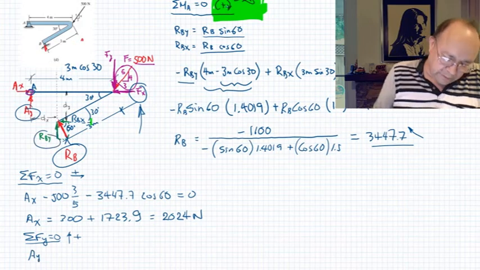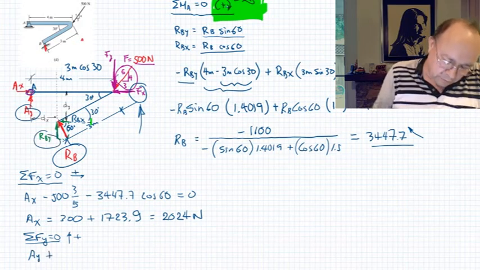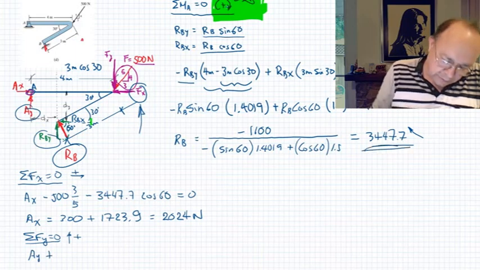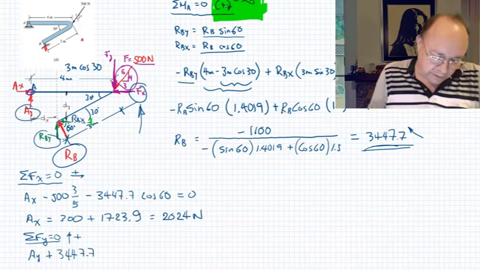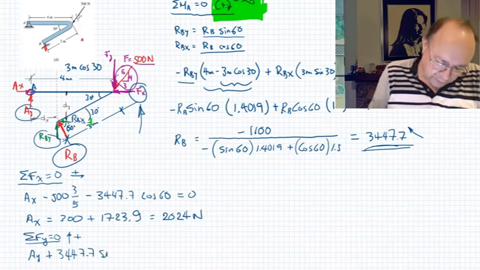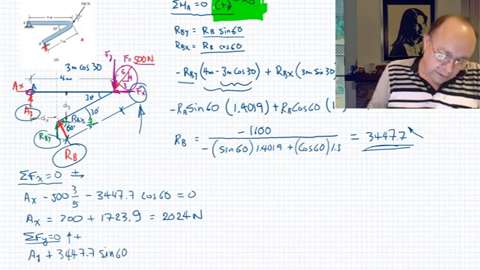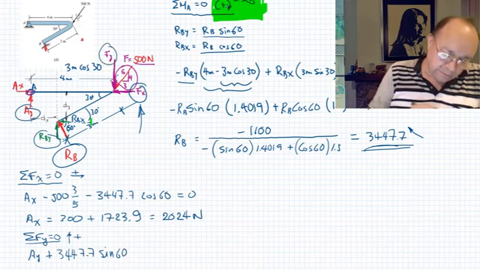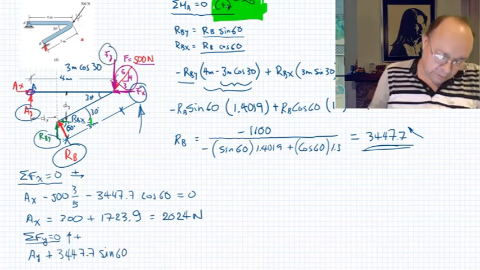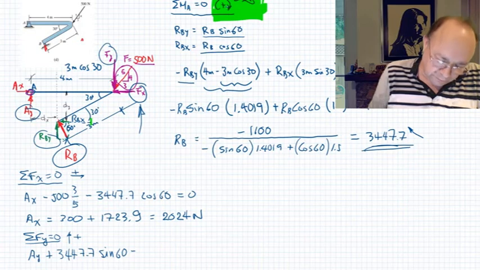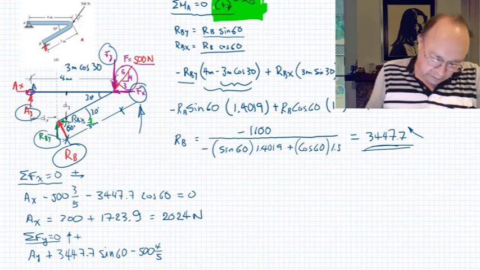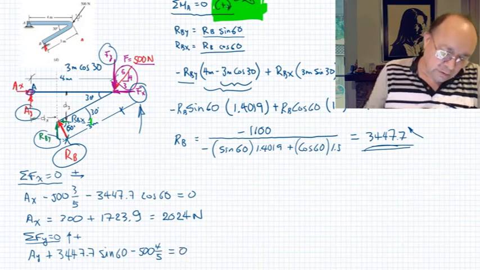This component of RB is positive also, so it will be RB that we just found, 3,447.7 sine of 60, and we have the vertical component of the 500 going down, minus 500 times 4 over 5. No more forces in the y direction, so this is equal to 0.